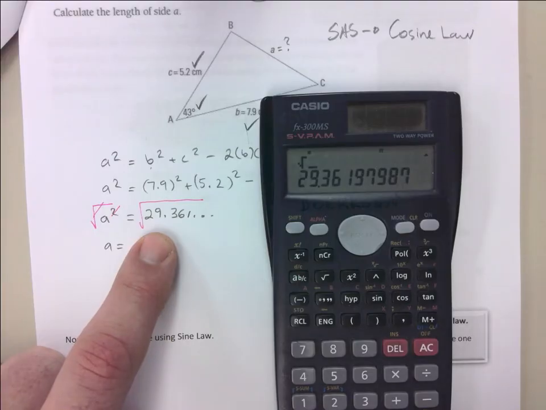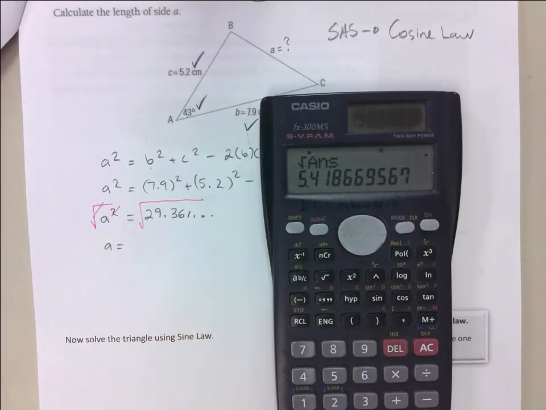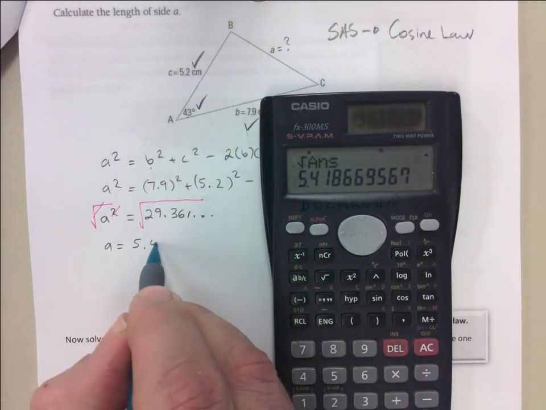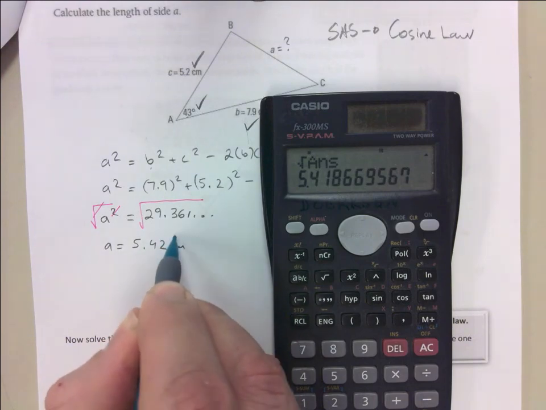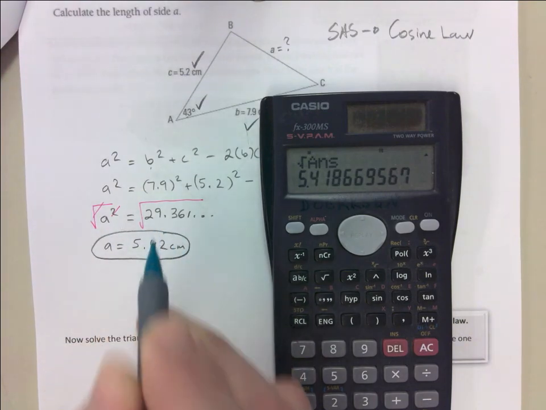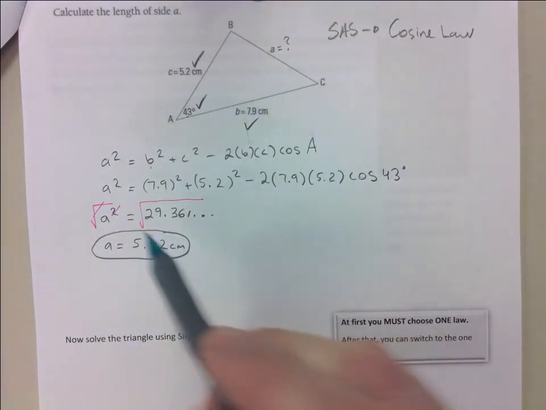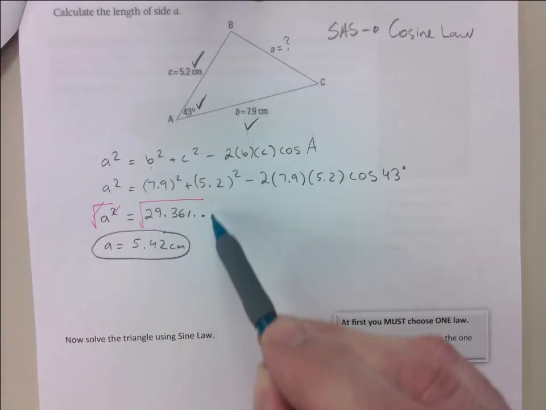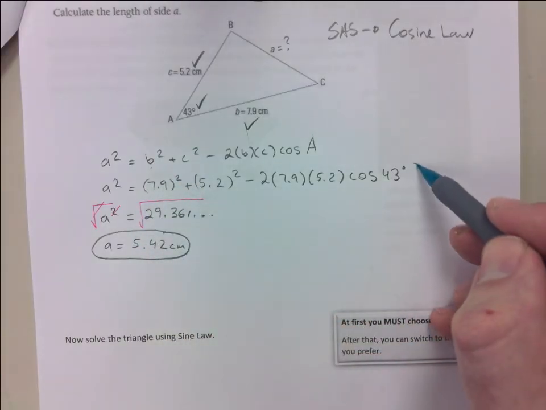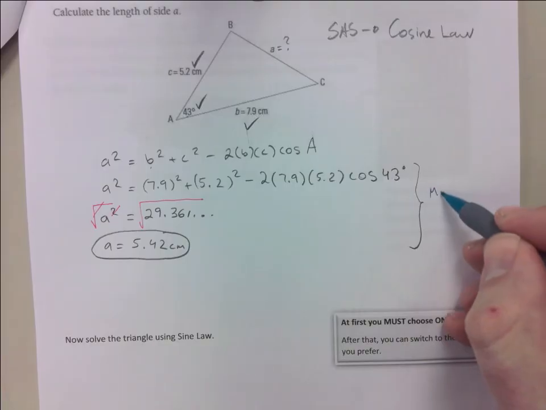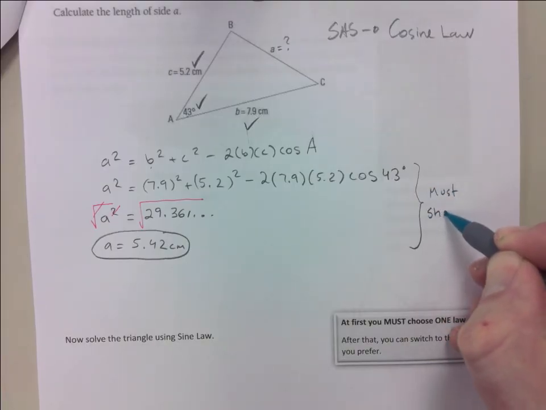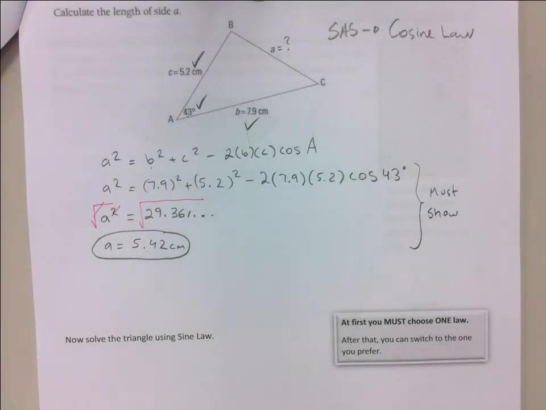Some of you have to press the answer button, but I can just hit equals and it will automatically take my answer and square root it. You're ensuring that you're using all decimals. That is 5.42 centimeters. And you're done. These 3 lines are all you need to show me. Must show. If I ask you for work, those 3 lines are a must.